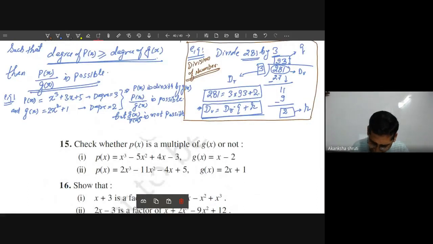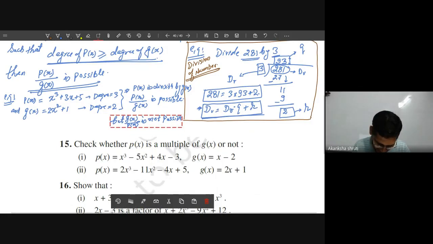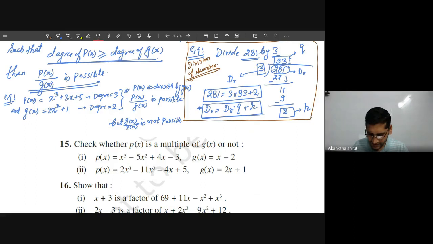Here the important thing is that we have to take care of when px by gx is possible and when it is not possible. For px by gx, the degree of px should be greater than the degree of gx. So this is a very important thing.